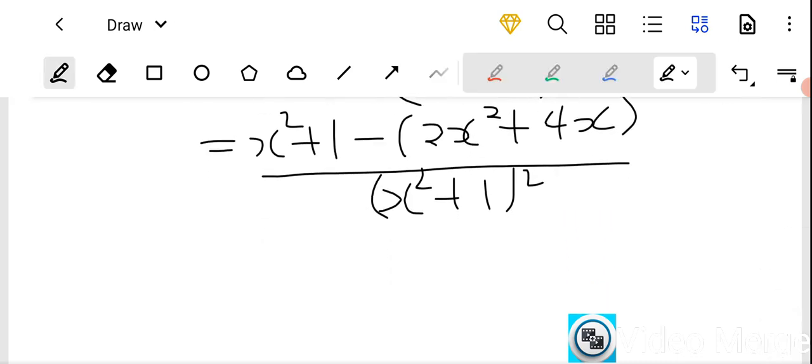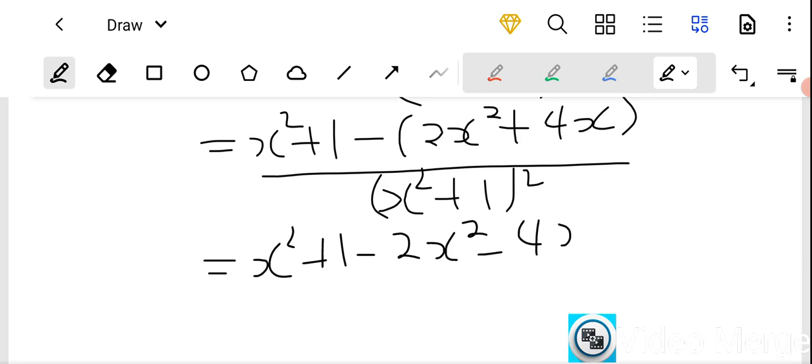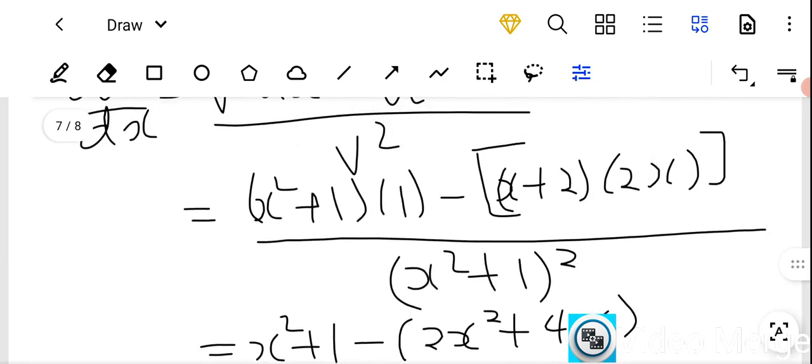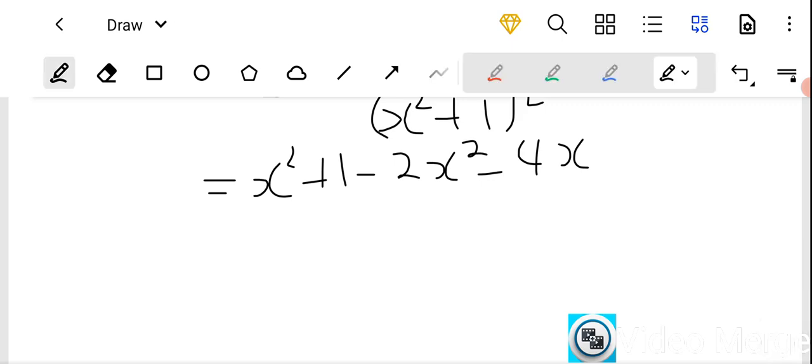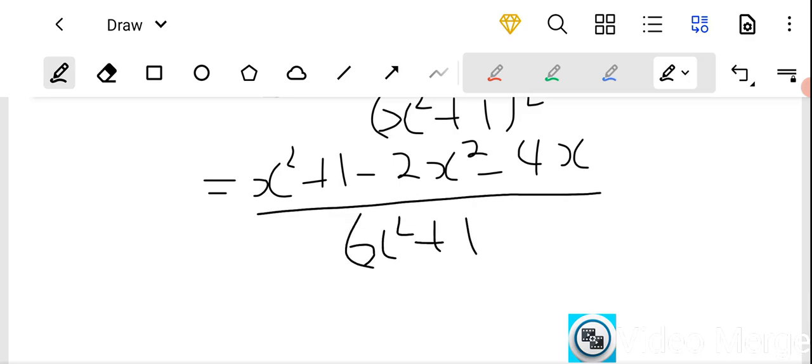Okay, we can now start simplifying. dy/dx is equal to (x squared plus 1) minus (2x squared minus 4x). That is distributing the negative inside the parentheses. So here you group like terms together. So x squared plus 1 quantity squared.